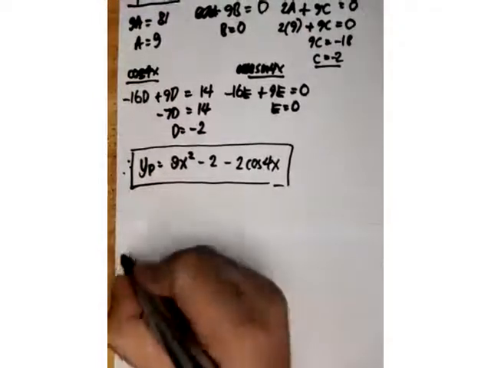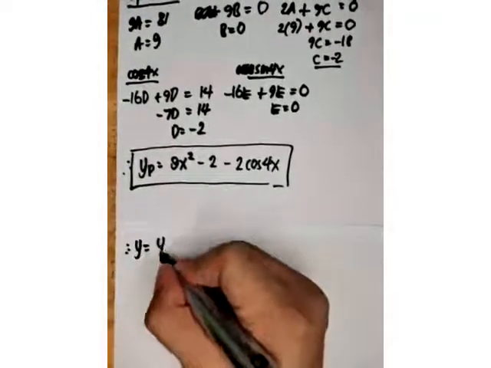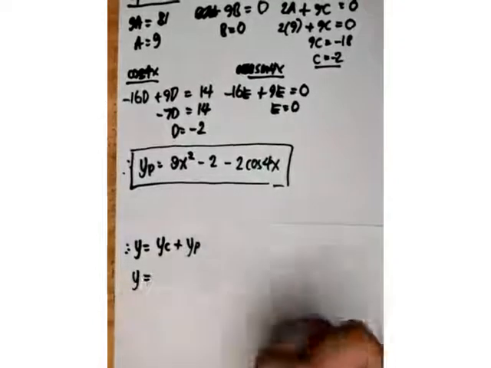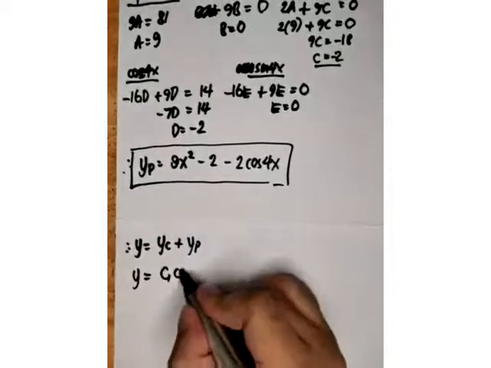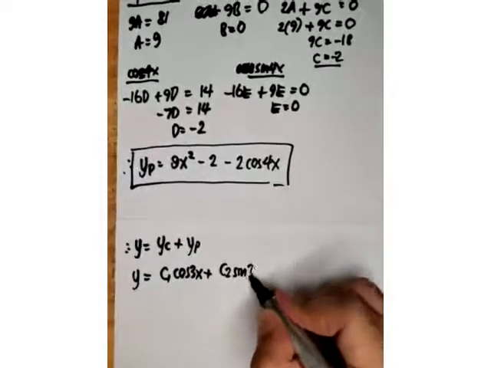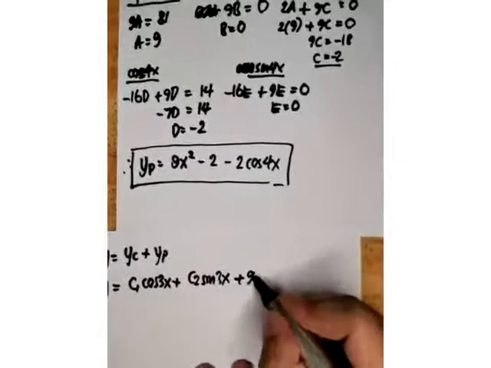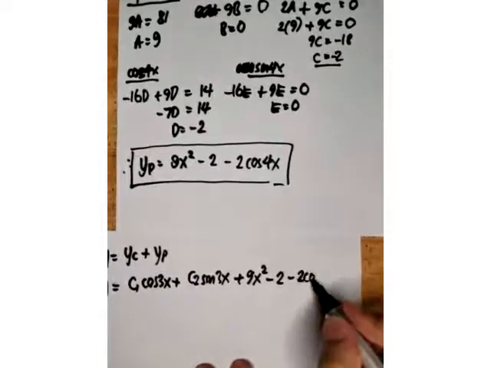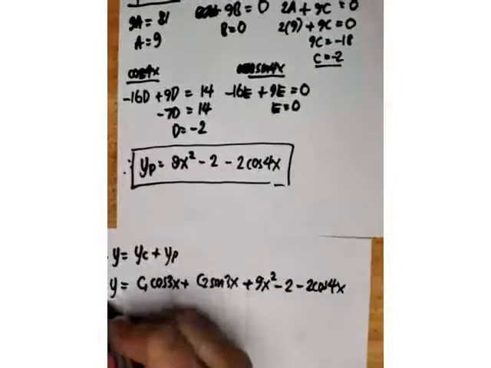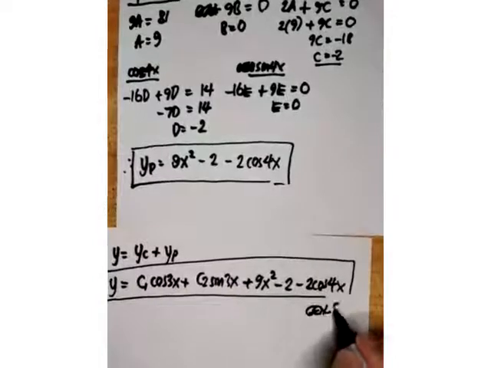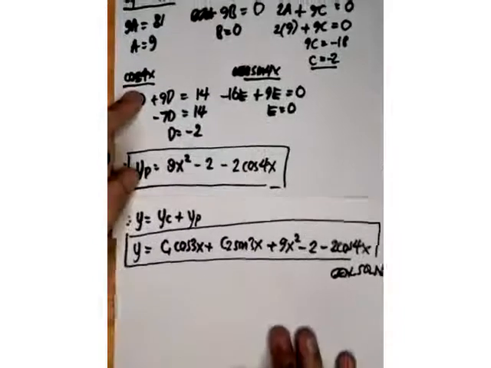Okay, so therefore, our general solution is y sub c plus y sub p. So y sub c is c1 cosine 3x plus c2 sine 3x plus 9x squared minus 2 minus 2 cosine 4x. So this is our general solution.